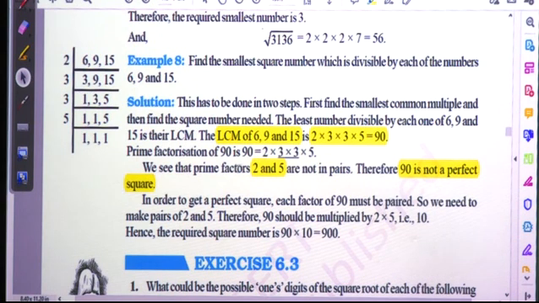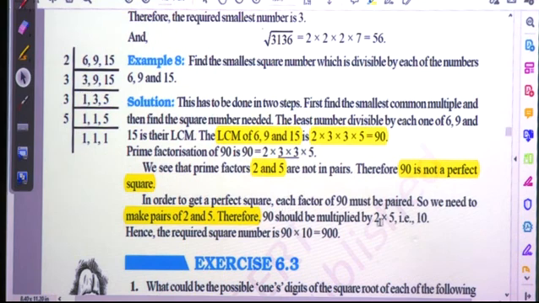Now, what further? In the question it is given, find the smallest square number which is divisible by each of the numbers. In order to get a perfect square, each factor of 90 must be paired. So, we need to make pairs of 2 and 5.